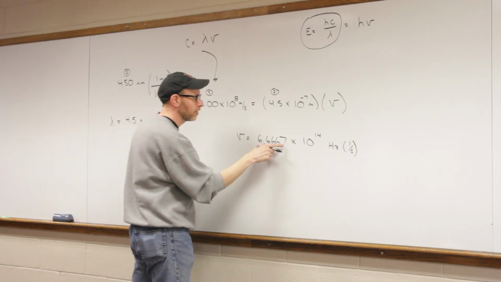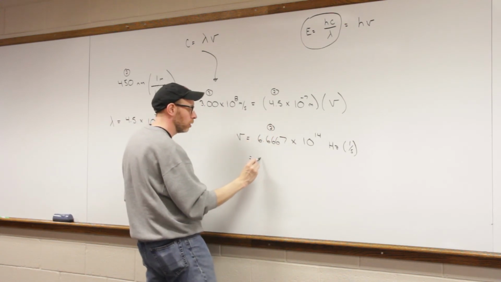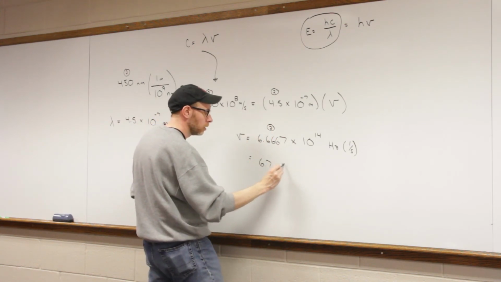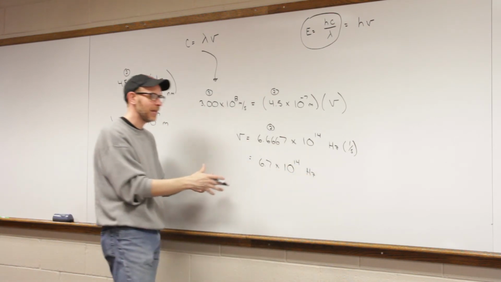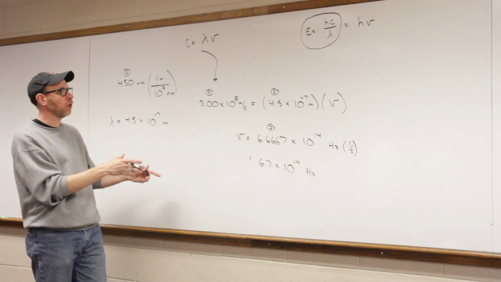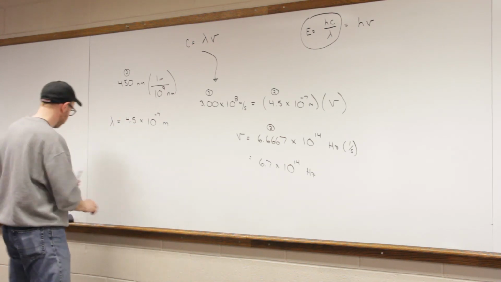And so I'm going to end up with a number that should have 2 significant figures, so that frequency would be 6.7 times 10 to the 14th hertz. That would be the answer. That would be the frequency for a photon with a 450 nanometer wavelength.